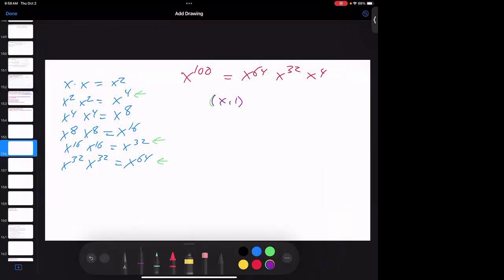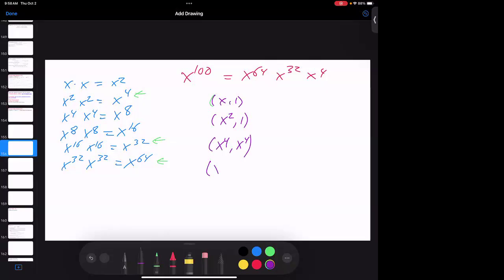From this, we can calculate x squared, and I'm going to keep the 1. And then x squared times x squared is x to the 4th. And now I'm going to change the second component and put an x to the 4th there, because x to the 4th was one of the factors I needed.